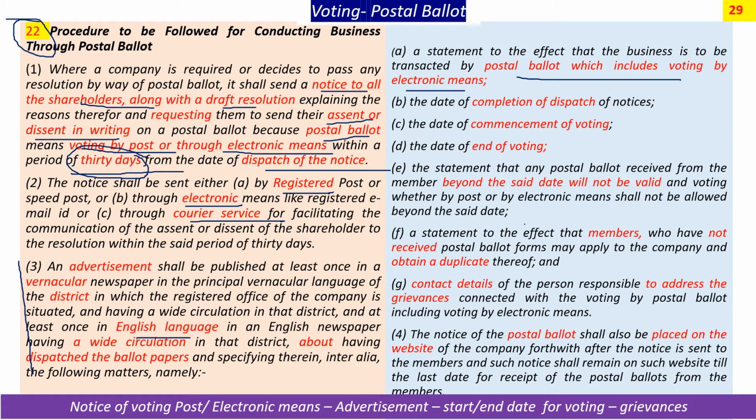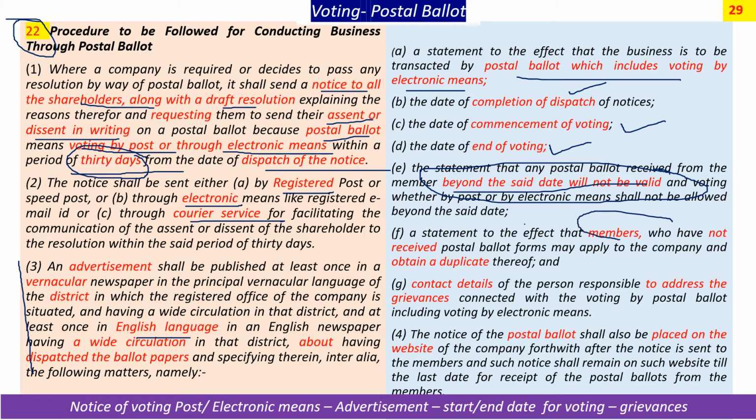It says the advertisement will contain these details. When is the completion of dispatch of notice? When will the voting commence? When will the voting end? And it will also say you have got 30 days to respond; any vote beyond those 30 days will not be valid.